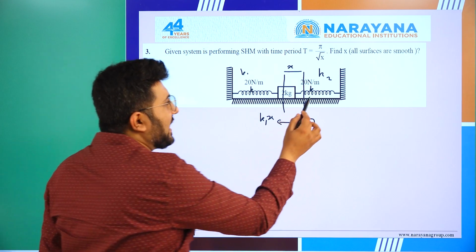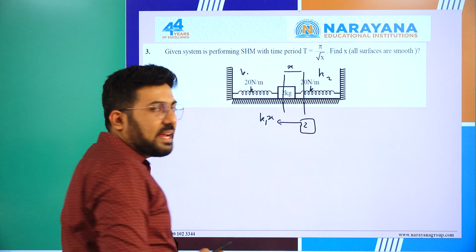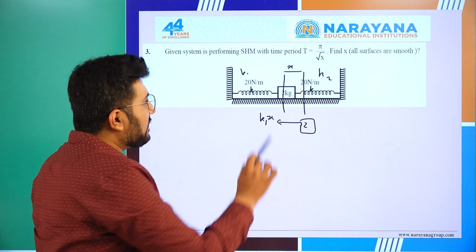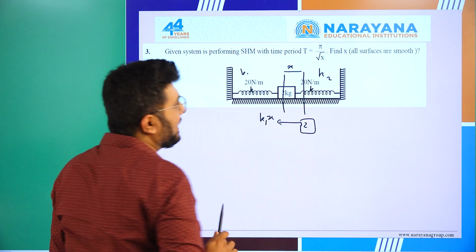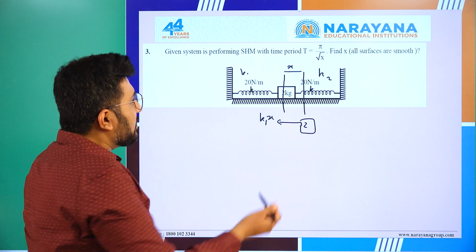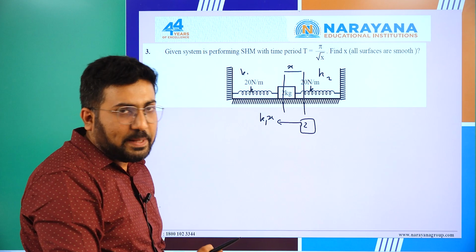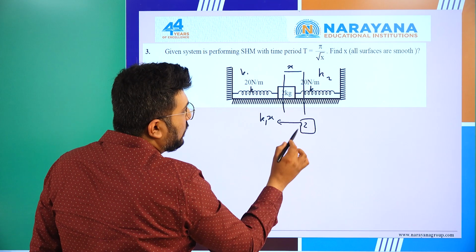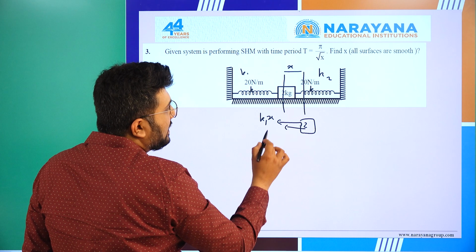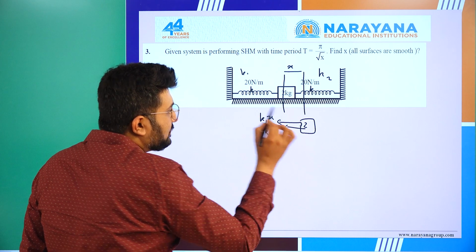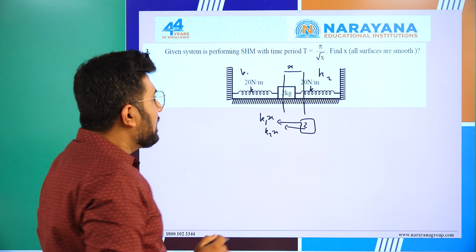The second spring is getting compressed by a distance x. So if the second spring is getting compressed by a distance x, that means the spring force will act such that it will try to stretch the spring. So that means the spring force on the 2 kg block is in the same direction, K2x.